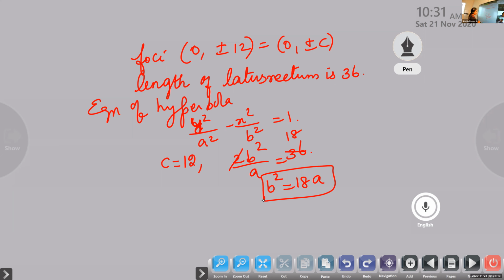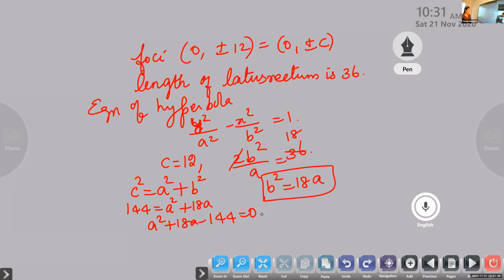Again, use the relation between a, b and c. So c square is equal to a square plus b square, isn't it? c is 12, so 144 is equal to a square plus 18a. If you take this to the other side, a square plus 18a minus 144 is 0.